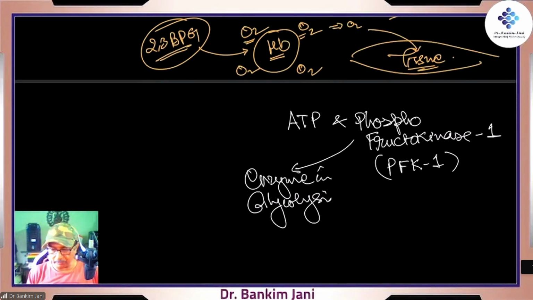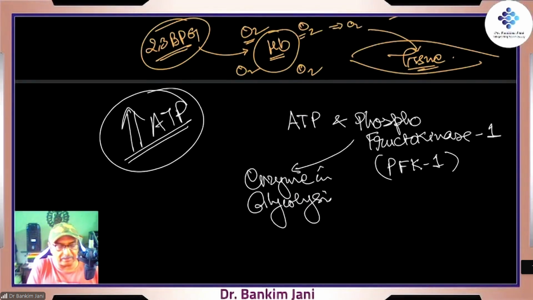But when sufficient energy has been produced, we don't need more energy, so ATP will come and inhibit this enzyme.